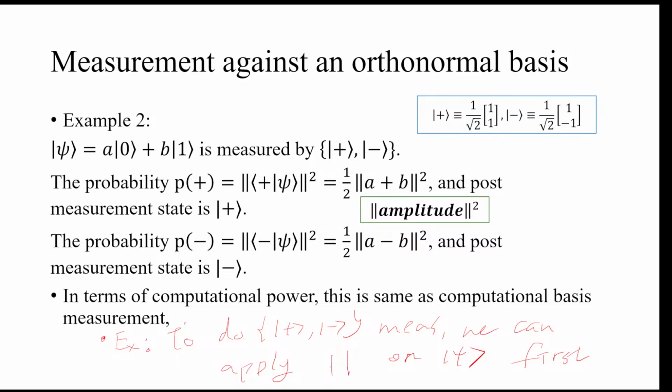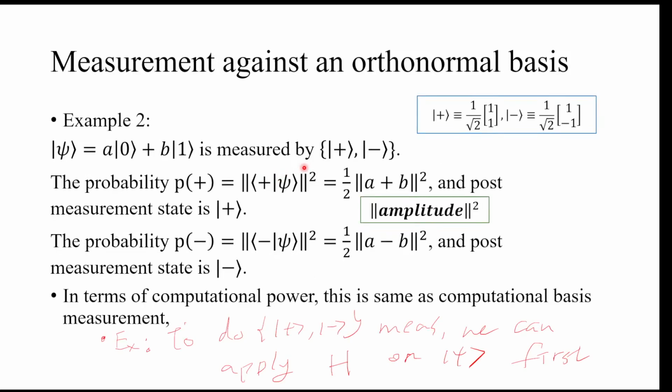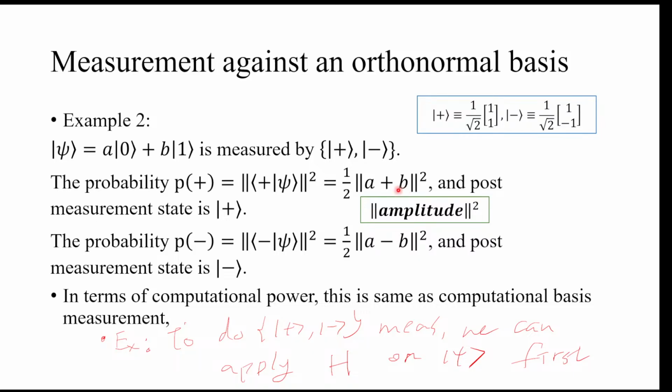Okay, so you can check yourself that if we apply Hadamard on our state first, then do computational basis measurement, it is the same as doing this plus minus basis measurement. If you do this first, then do computational basis measurement, it's a little different. You will get two computational basis states with these two probabilities, and then to change those two states back to plus minus states, you apply another Hadamard.